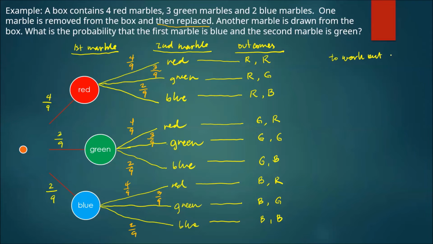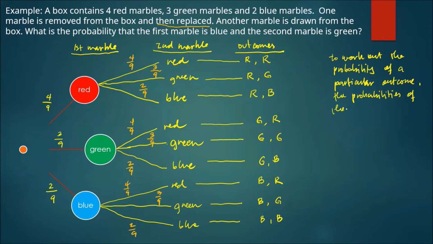So to work out the probability of a particular outcome, the probabilities of those branches are multiplied together.